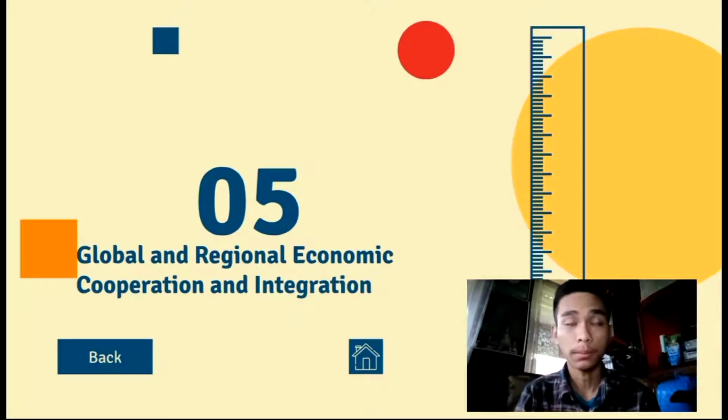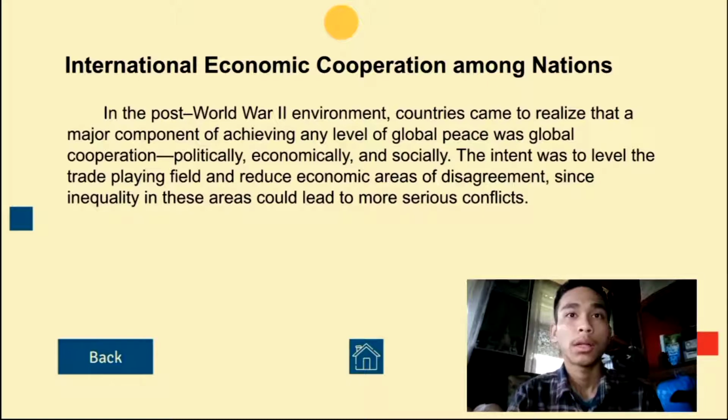Next, global and regional economic cooperation and integration. International economic cooperation amongst nations. In the post-World War II environment, countries came to realize that a major component of achieving any level of global peace was global cooperation politically, economically, and socially.